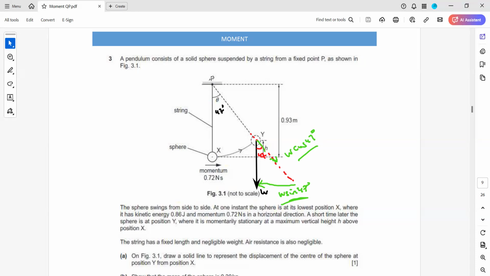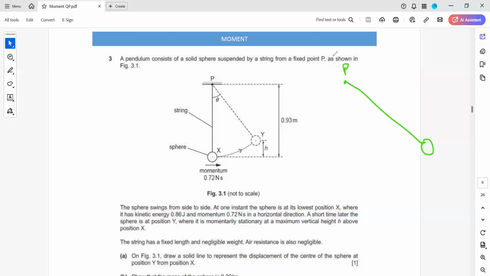W cosine is acting along the line of the pivot. No, it won't be just W. The W will have two components. The pendulum is at this position and this is the point P. The weight of the pendulum is acting downward and it has components.